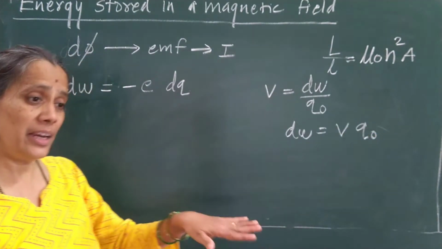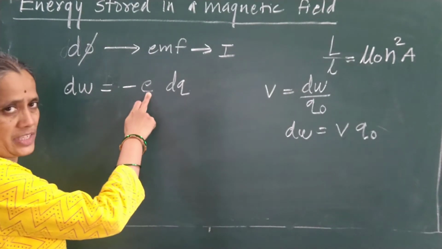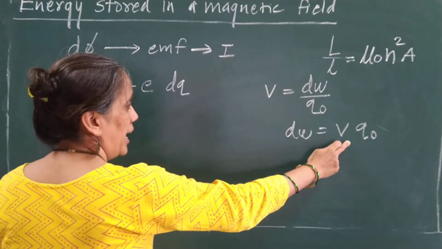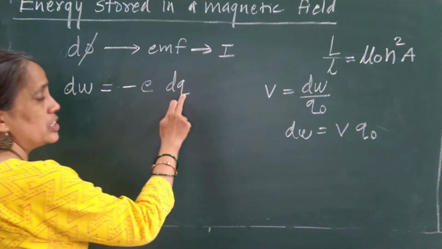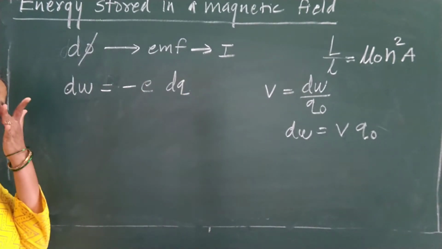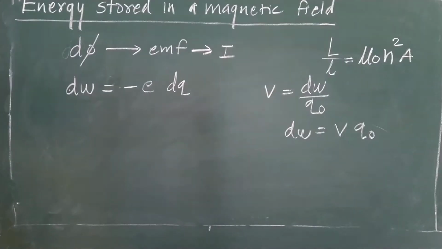Now here in magnetostatics, electromagnetic induction, what is the thing? EMF is generated. So instead of V, V will be replaced by E. And charges are moving. Which charges? Electrons are moving. So a small amount of charge is nothing but dq. Therefore this work done is written in this form.